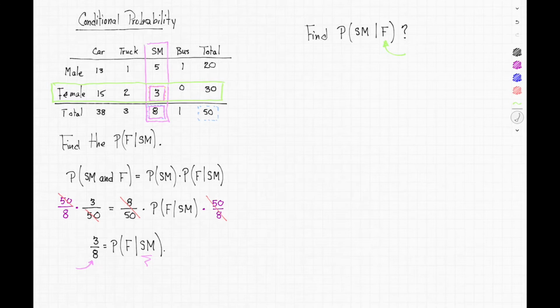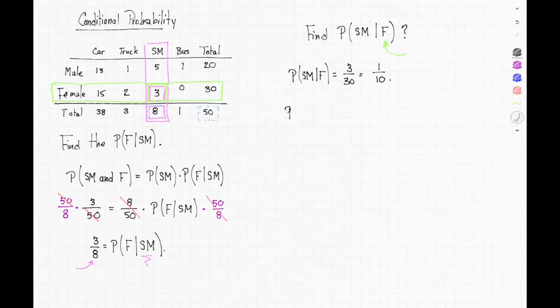The next thing is that from those people, we had to select an SUV or minivan driver. Well, that is this 3 right here. So the 3 gets used again, but notice that the denominator is different. So the probability of an SUV or minivan person, given that the first person is female, is 3 out of 30, which reduces down to 1/10.